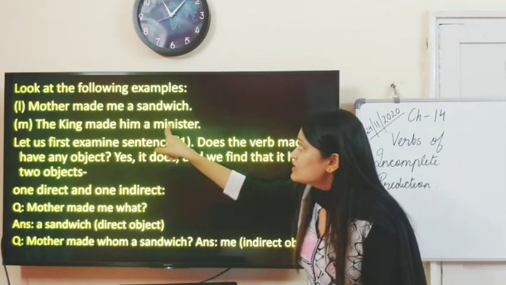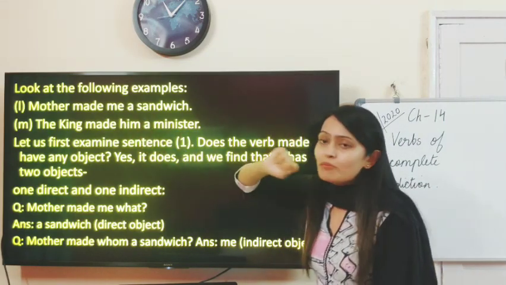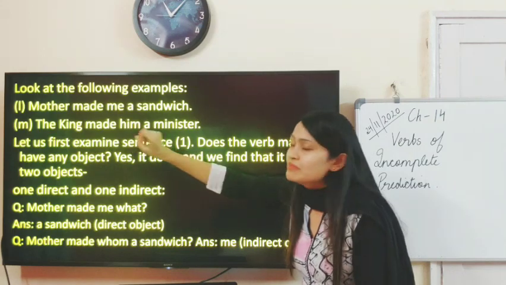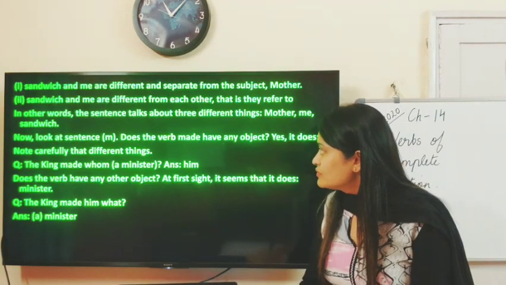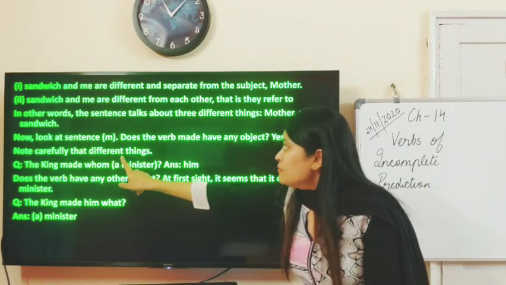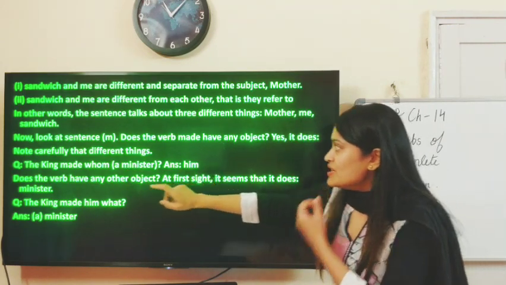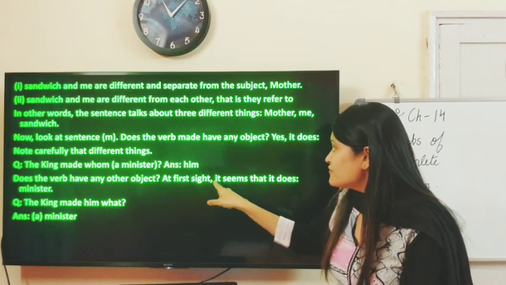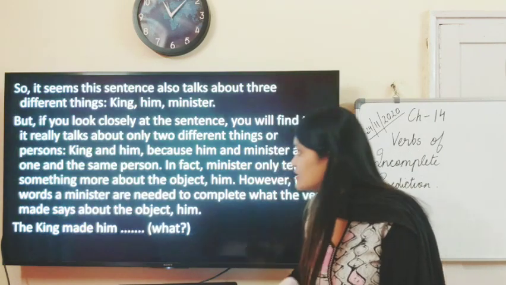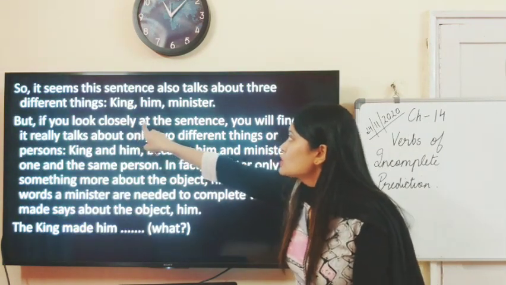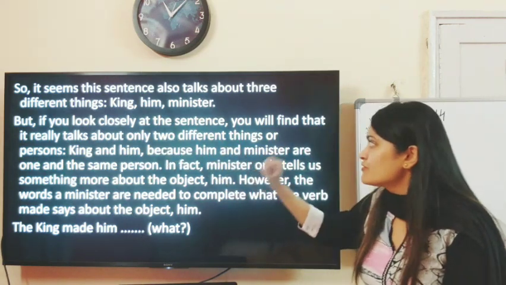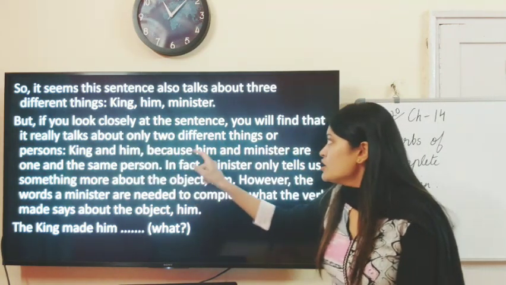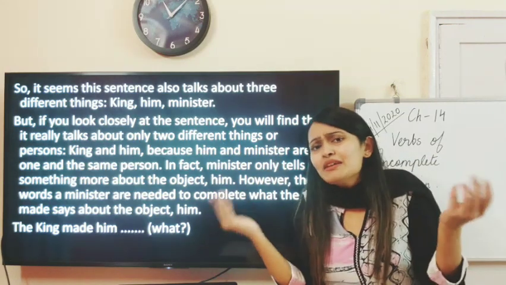So that means this is an objective complement because it is adding meaning to the object. The king made whom a minister? Him. Does the sentence have any other object? At first sight you will think yes, minister is an object. But if you look closely at the sentence, you will find that it really talks about only two different things, king and him, because him and minister is one and the same thing.